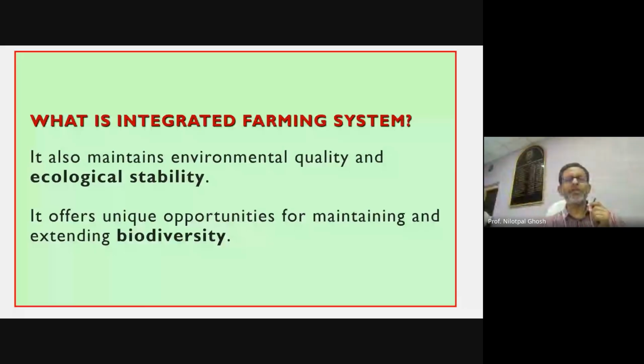And what is the integrated farming system finally? It has environmental quality as well as ecological stability, and maintains and extends biodiversity. This is also very, very important, the biodiversity. Organic farming, natural farming, now integrated farming, all are focusing on the maintenance of the biodiversity of our earth.